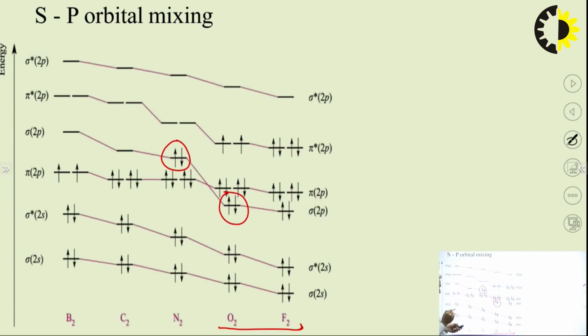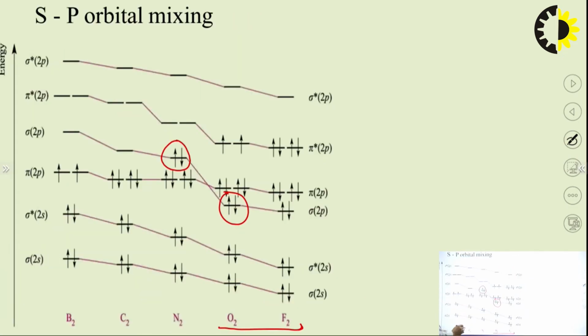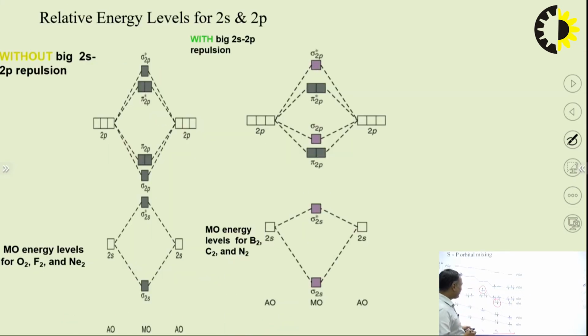Hence, the configuration from boron to nitrogen is different, and from oxygen and above it is quite different.